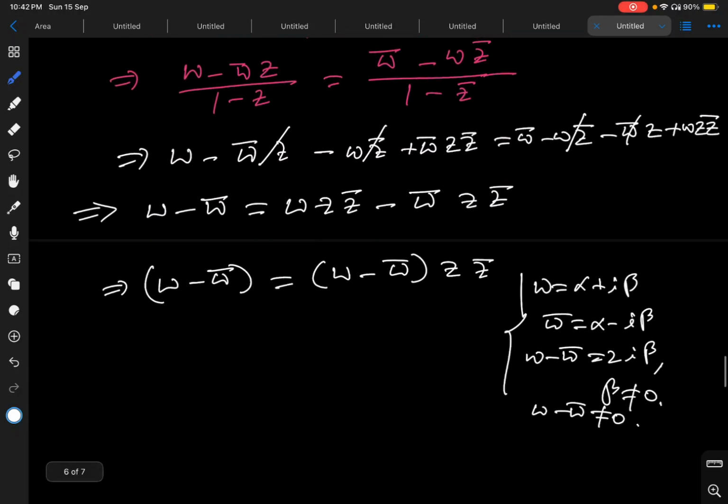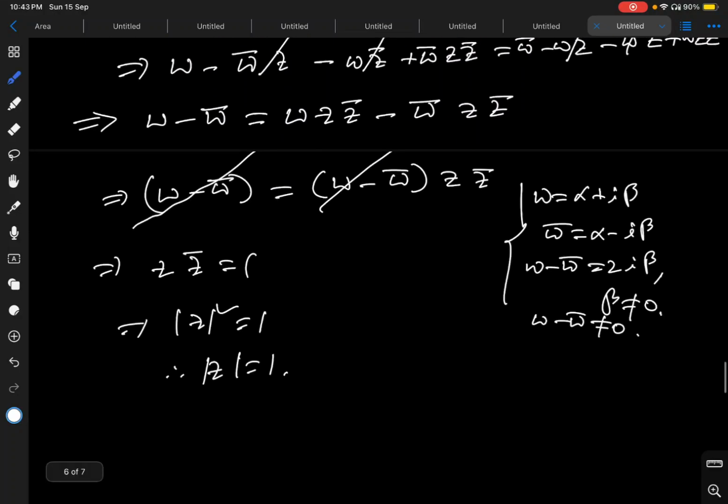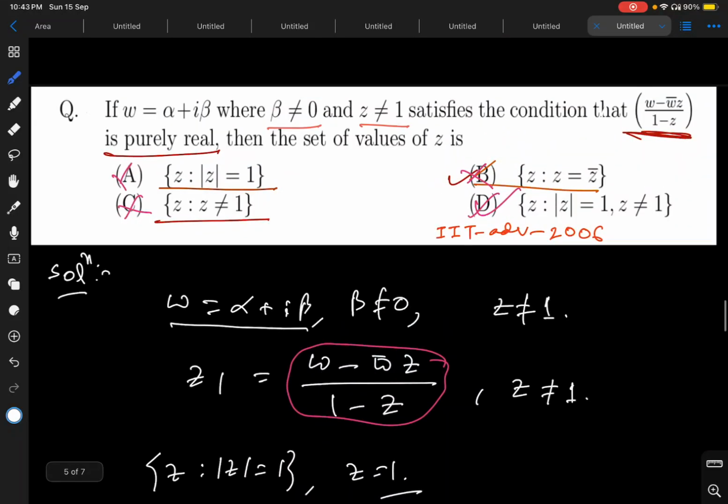So we can eliminate this term from both sides. So z z bar is equal to 1, and so mod z squared is equal to 1, and therefore mod z is equal to 1. This is the easiest way to check that z is a complex number which satisfies this, and obviously z is not equal to 1, so the correct option is option D.